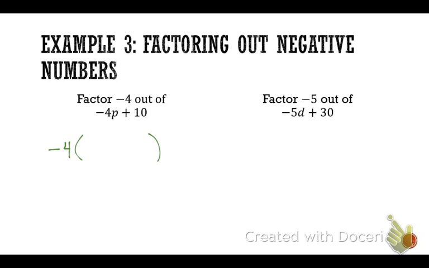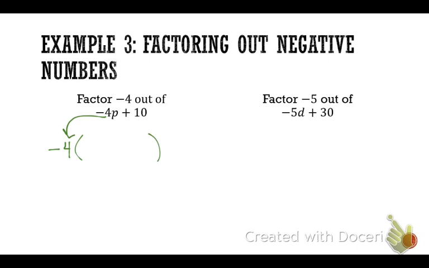All right. Now, I need to figure out what's left inside. Does anybody remember? How am I going to figure out what's left inside? How do I know? I pulled out the number that they told me to. How do I know what's left inside? Divide. Divide that number by the original.